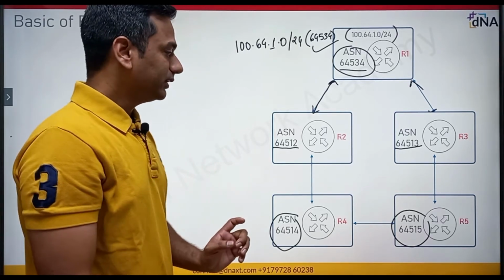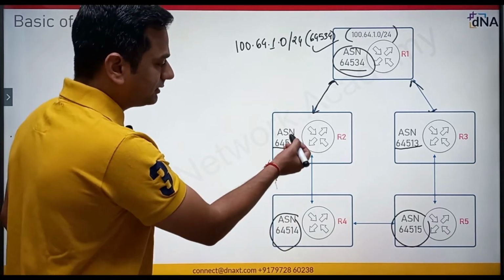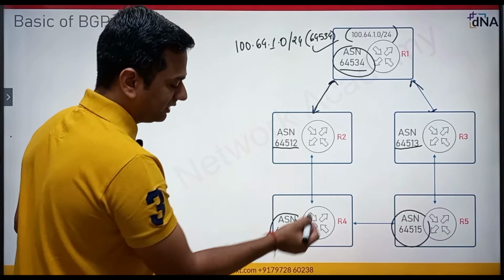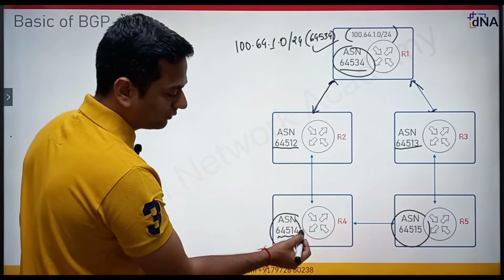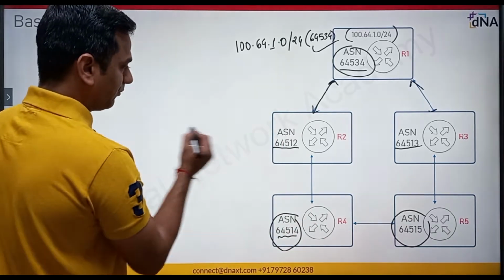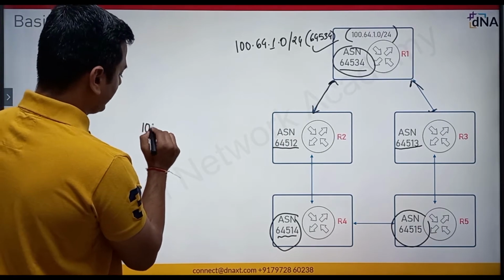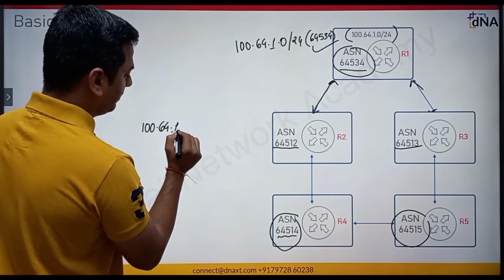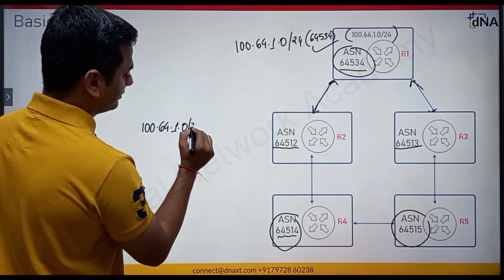Clear? Now what will happen? When this R2 sends the same routes to its neighbor in 64514, simply it will add, or I can say prepend, right? Not append, it will prepend.